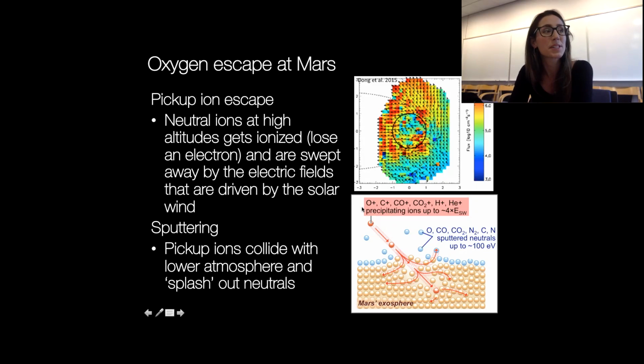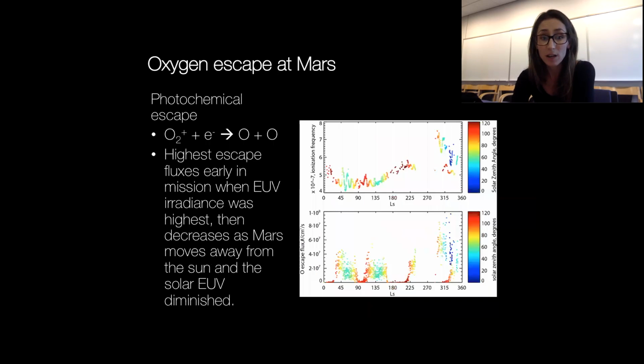What's interesting about sputtering is that Bruce Jakosky, our PI, and one of his grad students, Merrick, have done a lot of studies on isotopes. And we know that sputtering was important because argon was a major constituent of Mars's early atmosphere. Argon is inert, a noble gas, so it cannot chemically react the way photochemical escape can.